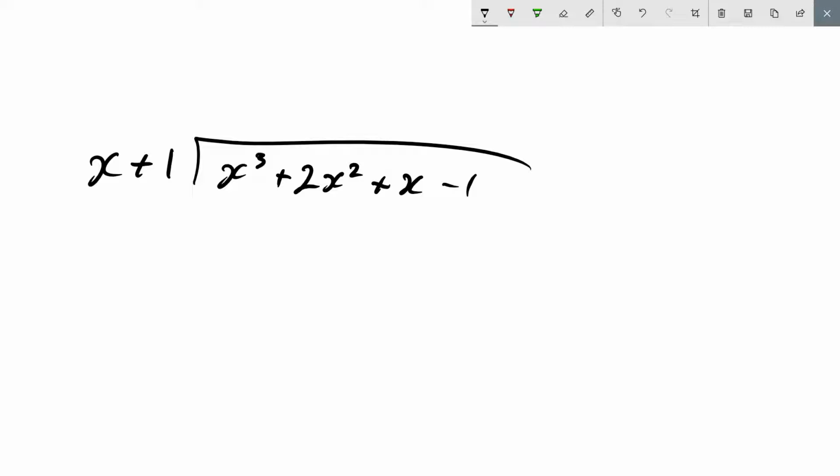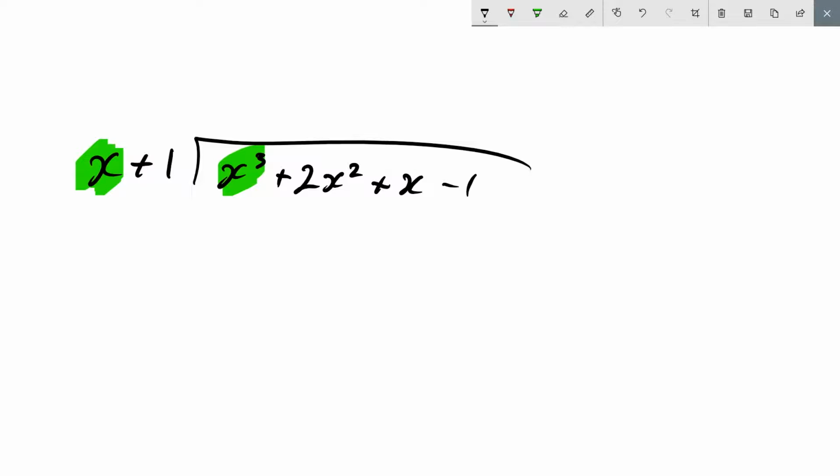Alright, firstly I need to look at the leading terms of the two polynomials. So this linear factor's leading term is x, and the leading term for this polynomial that I'm dividing is x cubed.